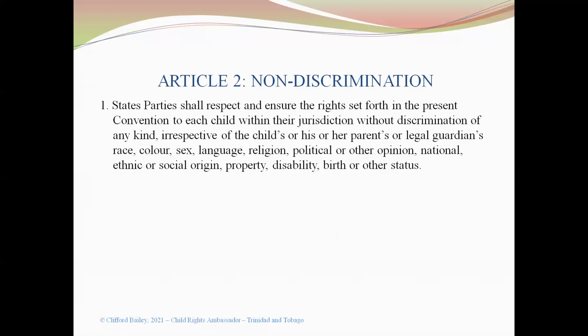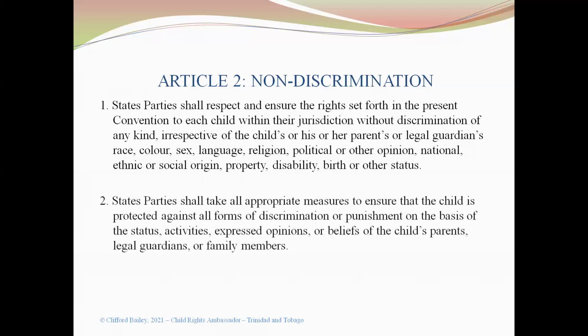States parties shall respect and ensure the rights set forth in the present convention to each child within their jurisdiction without discrimination of any kind, irrespective of the child or his or her parents' or legal guardians' race, color, sex, language, religion, political or other opinion, national, ethnic, or social origin, property, disability, birth, or other status.